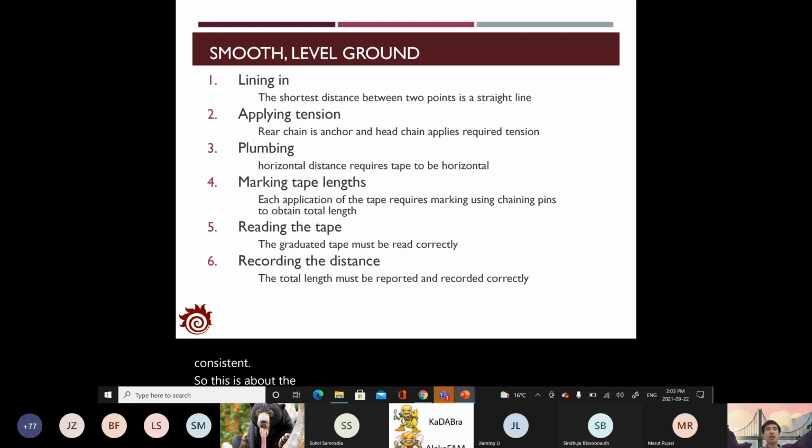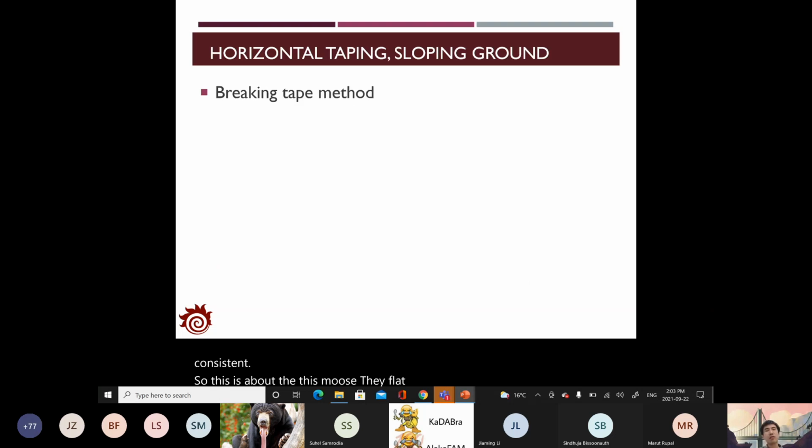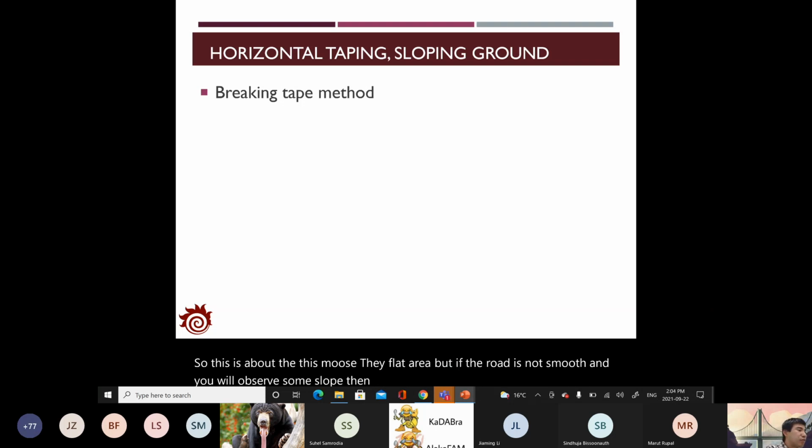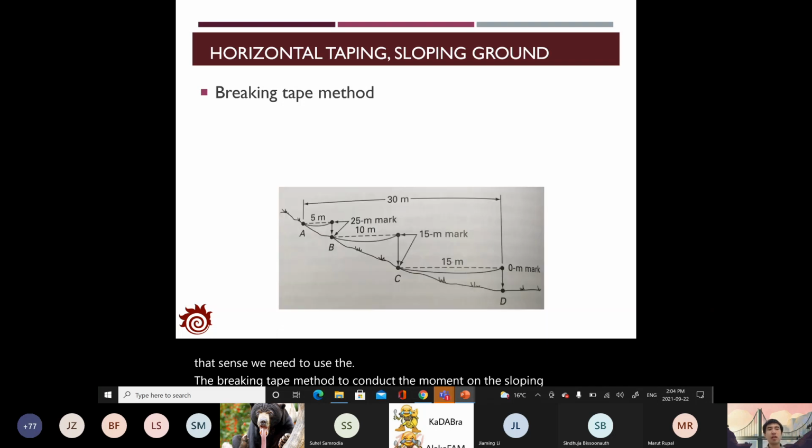So this is about smooth, flat areas. But if the ground is not smooth and you observe some slope, then the measurement will be a little bit different. In that case, we need to use the breaking tape method to conduct the measurement on sloping ground. So here's the procedure for the breaking tape method.